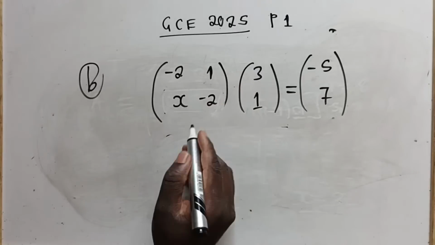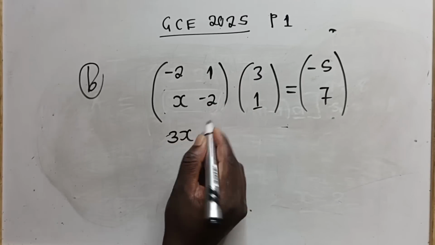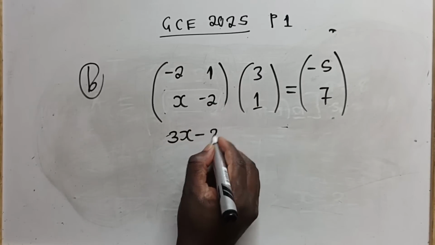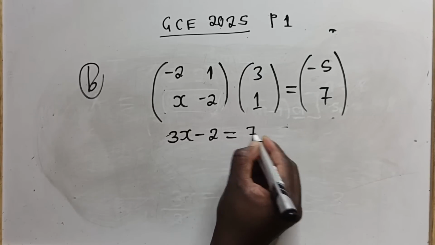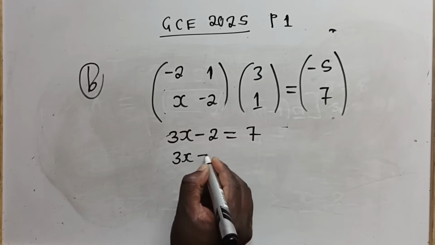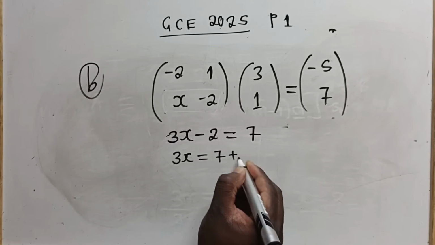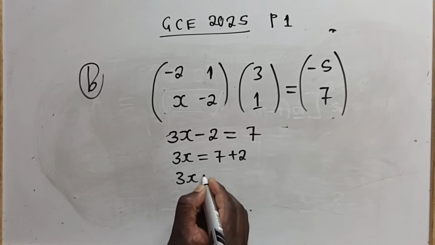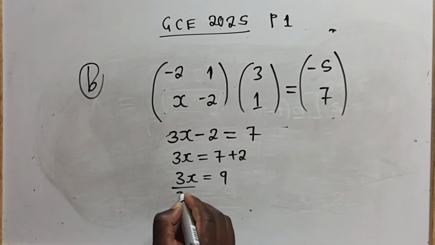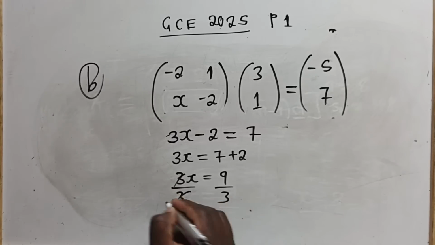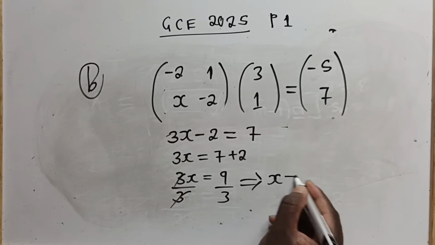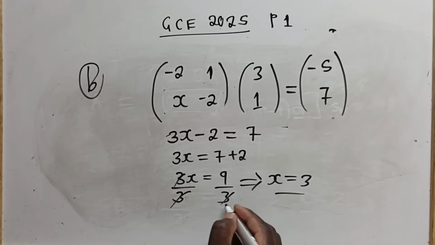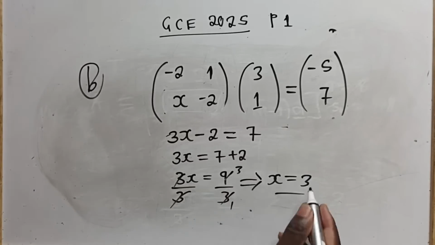This times this, it's a 3x. This times this, minus 2 is equal to 7. 3x is equal to 7 plus 2. 3x is equal to 9 over 3 over 3. So here x will be equal to a 3. 3 into 3, 1. Into 9, it's a 3. And this is a 3.